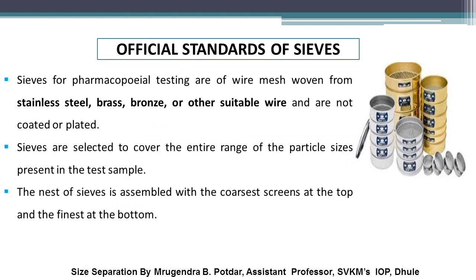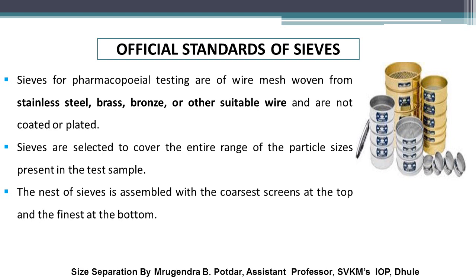Official standard of sieves. Sieves are the simplest, and sieving is the most frequent method used for size separation. Sieves for pharmaceutical testing are constructed from wire cloths with square meshes woven from wires of brass, bronze, stainless steel or any other suitable material.